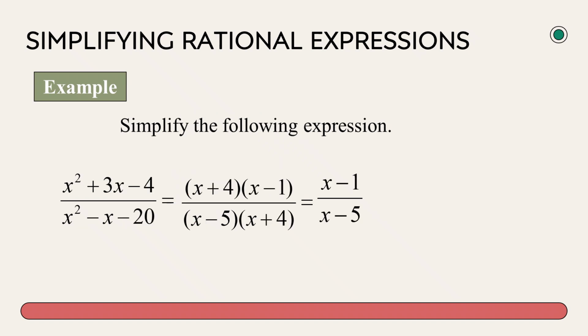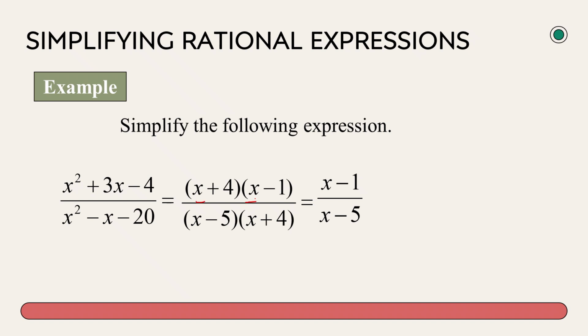Let's try the second example. Simplify the following expression. Now, first factor out, okay? So, x squared plus 3x minus 4. How are we going to factor this? We need to factor the first and second expressions. You know that the factors of x squared are x and x. Okay?